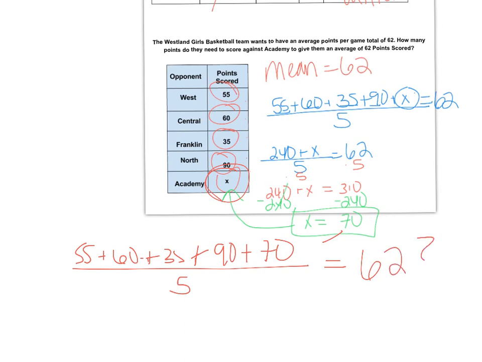When you add them all up, you'll get 310. And there are 5 values. 310 divided by 5 is 62. So that would give you the mean of 62. So they need to score 70 points to have an average point scored of 62.